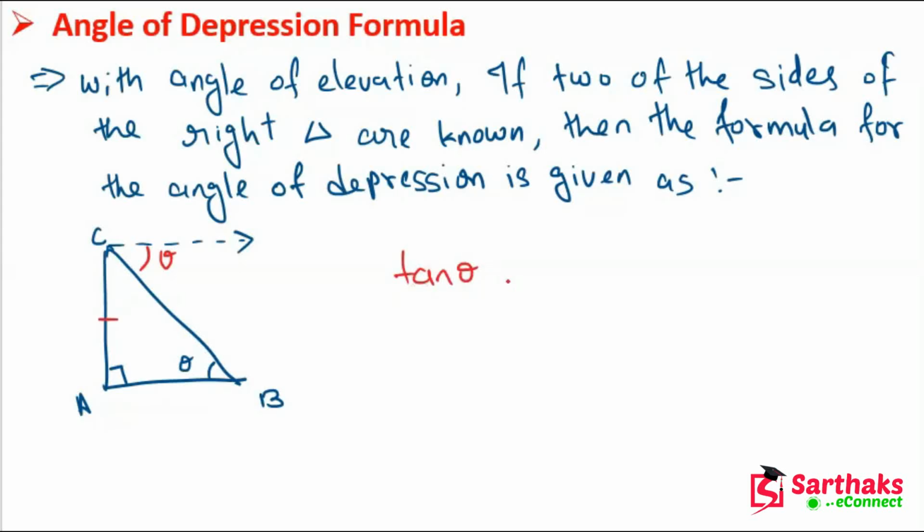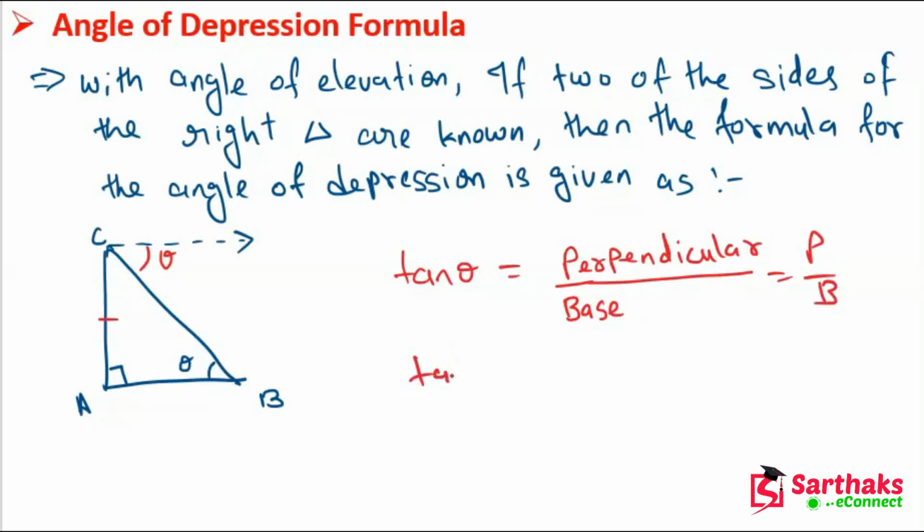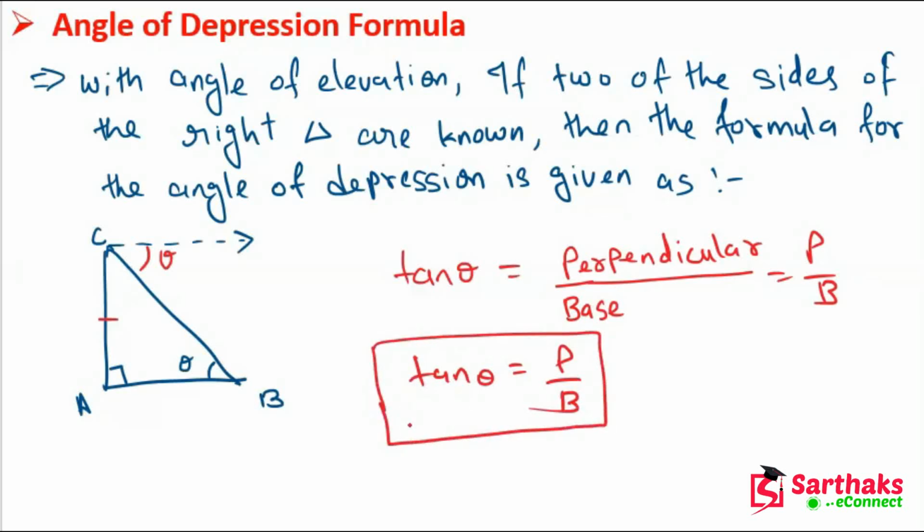Tan theta is equal to perpendicular upon base, this is P upon B. So tan theta is equal to P upon B. Okay, my dear friends, I hope you get this point.